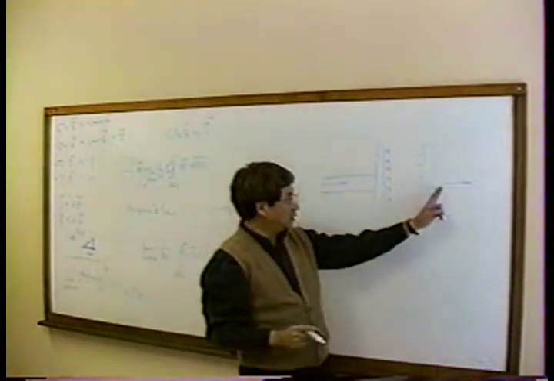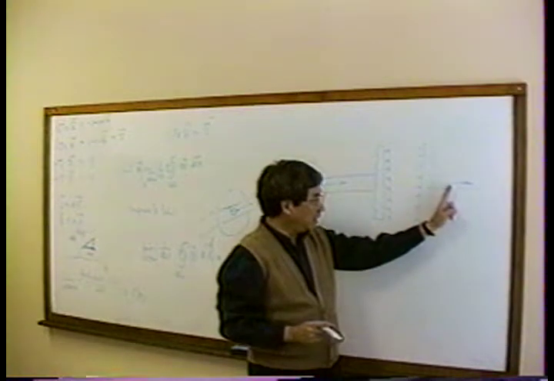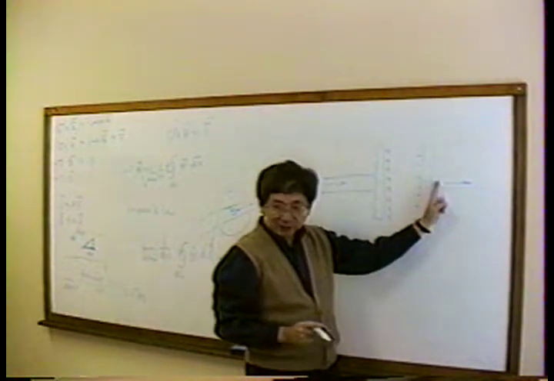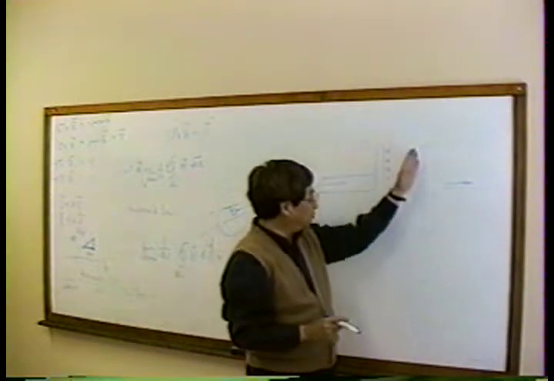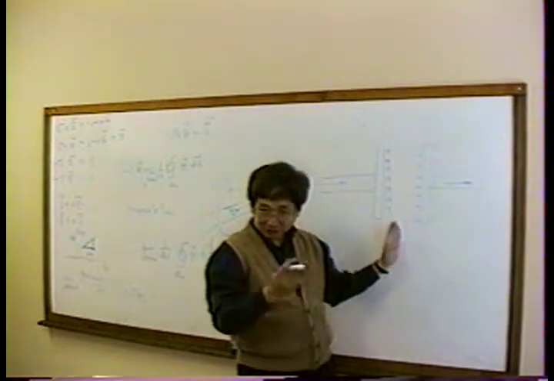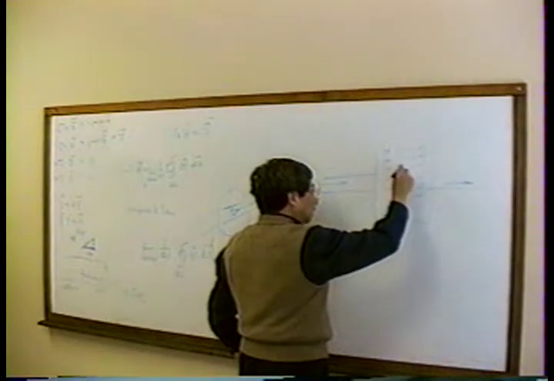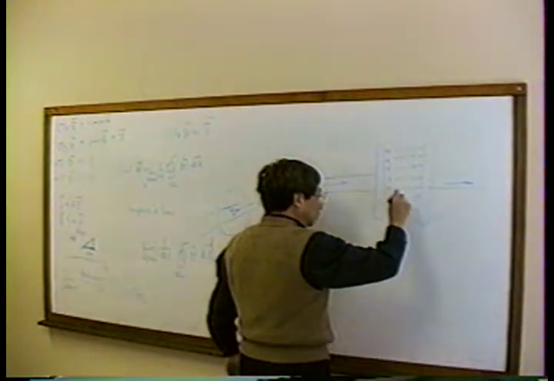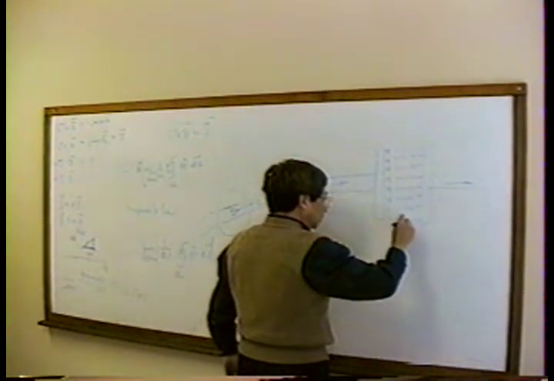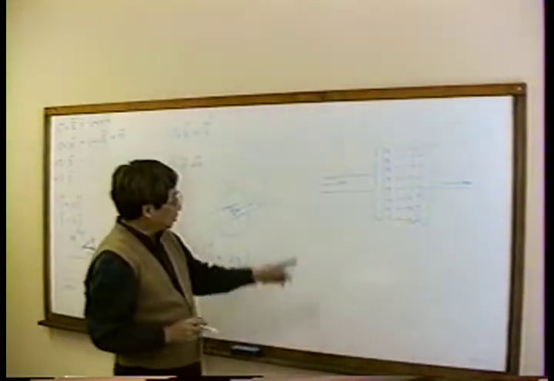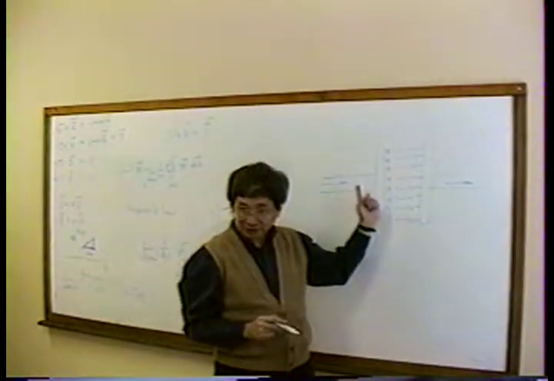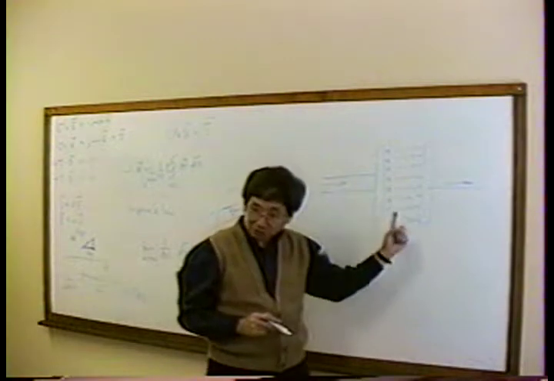Which also means this current here is I coulombs per second taken out. So therefore, the negative charges here are increasing. So you have positive charge here, you have negative charge here, and you have an electric field in here. So this current here is continued through this electric field.